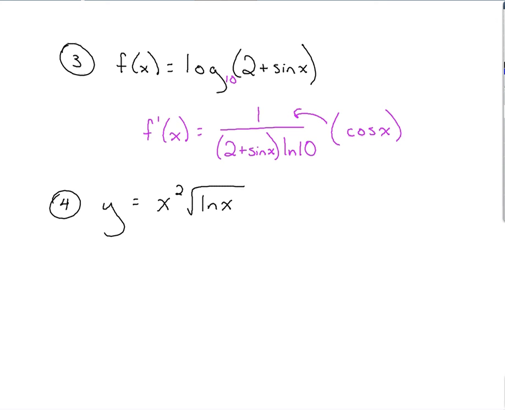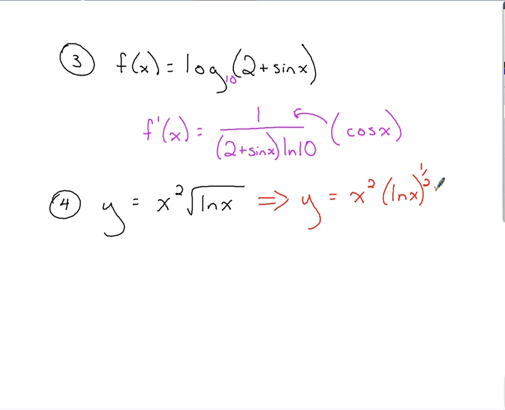So we got our product here. We're going to rewrite this function first. We know those roots we need to raise. So y is going to equal x squared times, the entire root is over the natural log of x. So it's the natural log of x, all of which would be raised to the power 1/2.